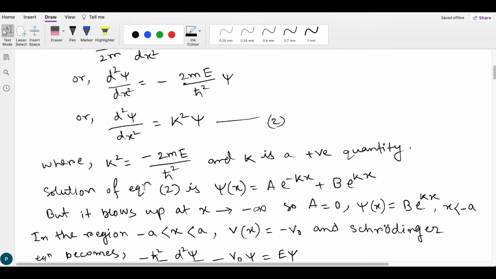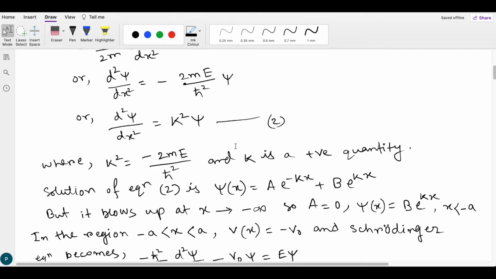We are discussing the equation in the negative x region, left of the point x equals minus a, where the wave function extends up to minus infinity, and we know that the wave function must be 0 at plus minus infinity to represent a physically realizable state.